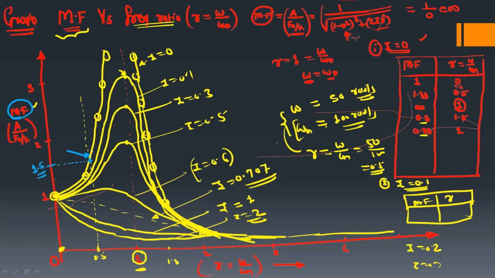Actually, this is not the exact graph, so just select this value to be zeta 0.1. You can select these values, and accordingly, you can adjust the components in your machine.